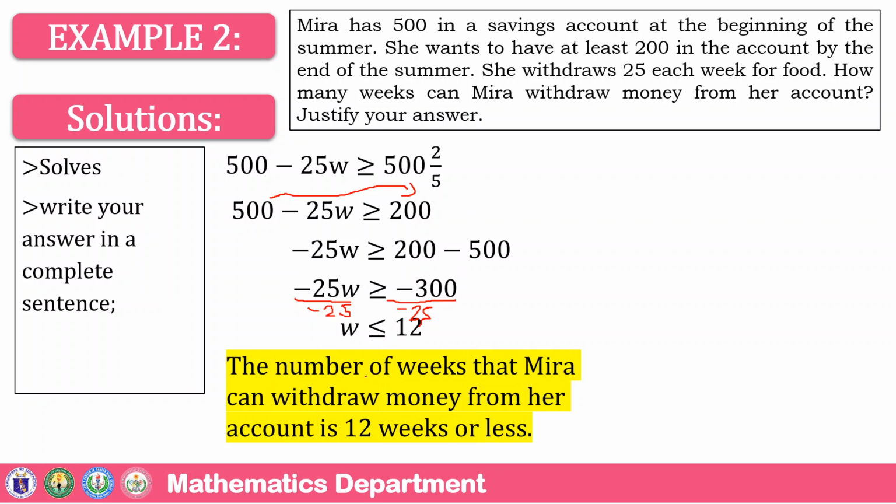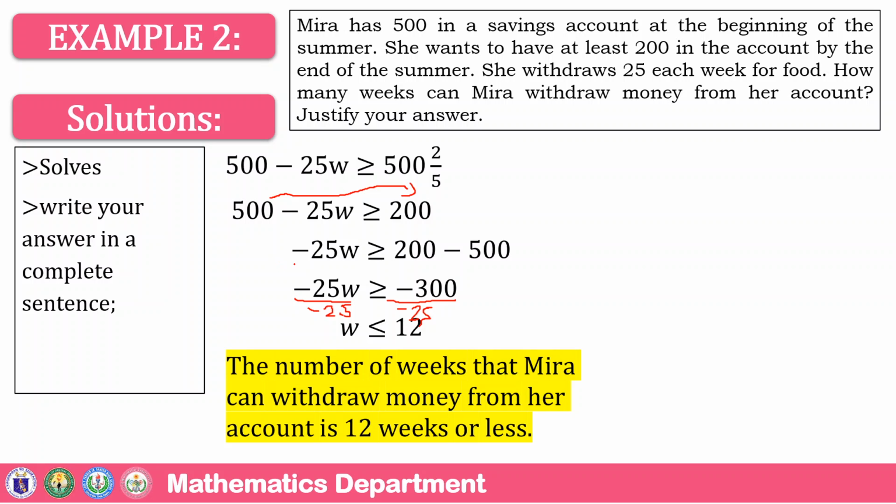Pero kung less than 12 weeks naman siya, ibig sabihin, mas malaki yung masasave niya sa kanyang account at the end of the summer. So, prove natin. Tingnan natin kung sakto. By the way, makikita natin dito, nabaliktad yung greater than or less than. Once na divide both side tayo ng negative numbers sa inequality, automatic yung ating symbol is mababaliktad po.